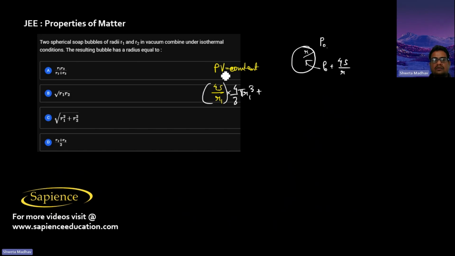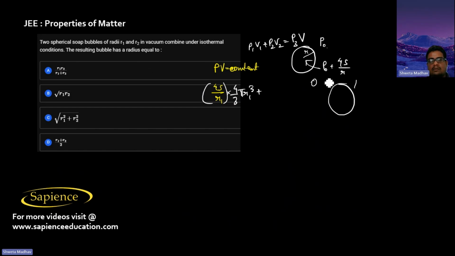So we have to use P1 V1 plus P2 V2 is equal to P3 into V, where V is the volume of the large spherical soap bubble which is obtained when the two small bubbles combine under isothermal conditions.